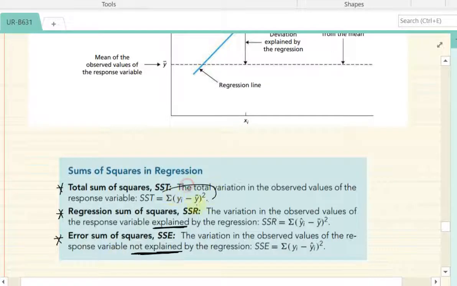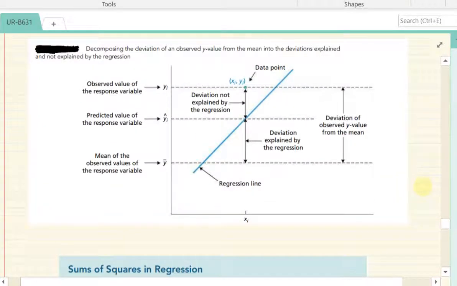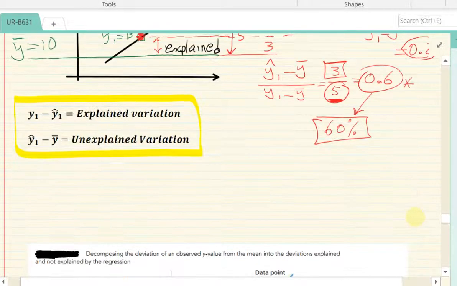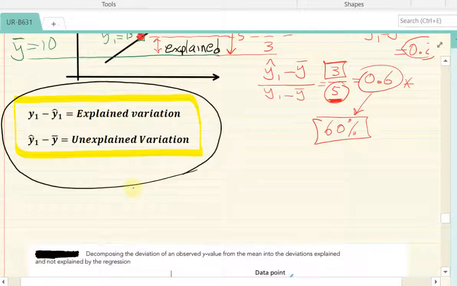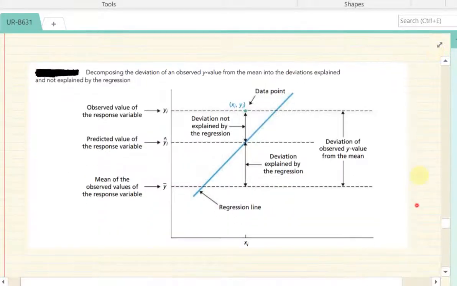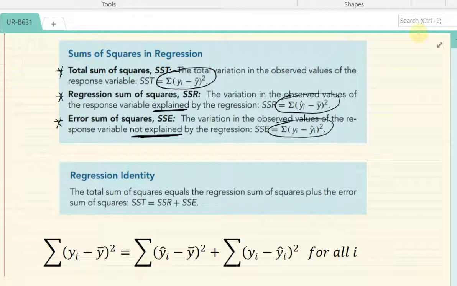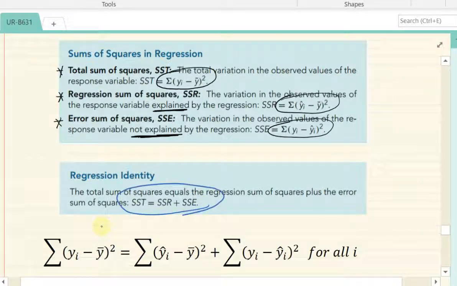And these are symbolically what they are. They're exactly what I had earlier, and you can find them right up here. See, again, I have them in here. Okay, and this is the regression identity, that the total sum of squares is actually broken down as sum of squares regression plus error.